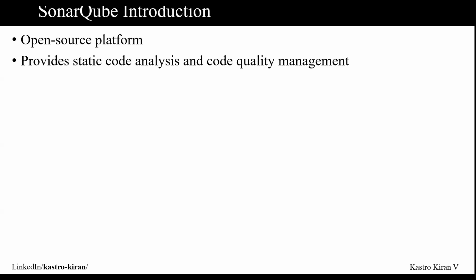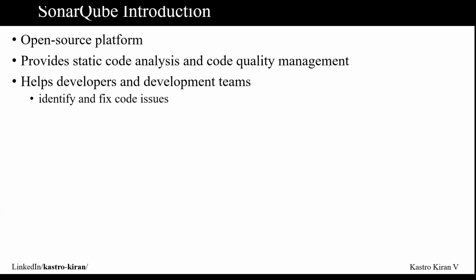This particular tool is mainly developed to help developers and development teams fix code issues in the early stages of the software development lifecycle. By using SonarQube, we can analyze the source code for bugs, vulnerabilities, code smells, and code duplication.